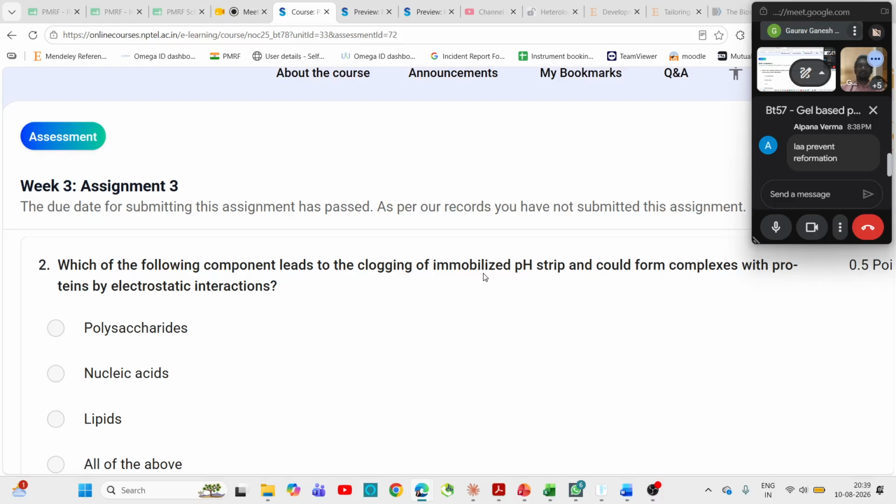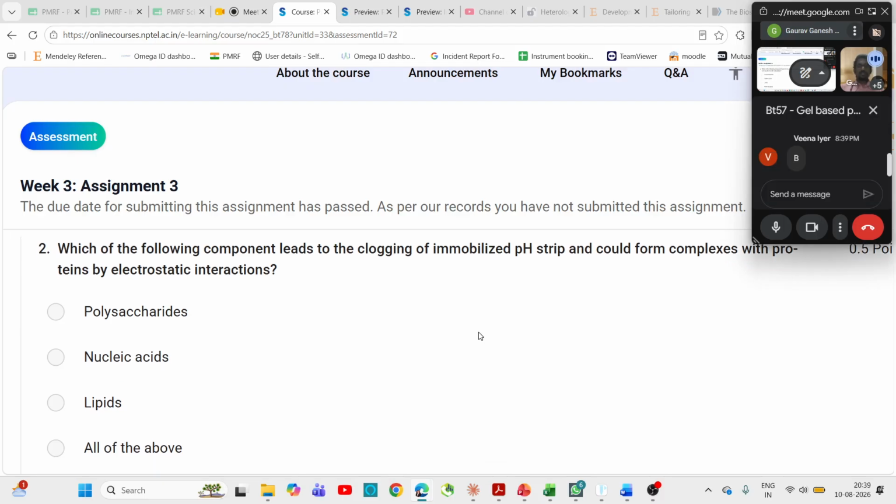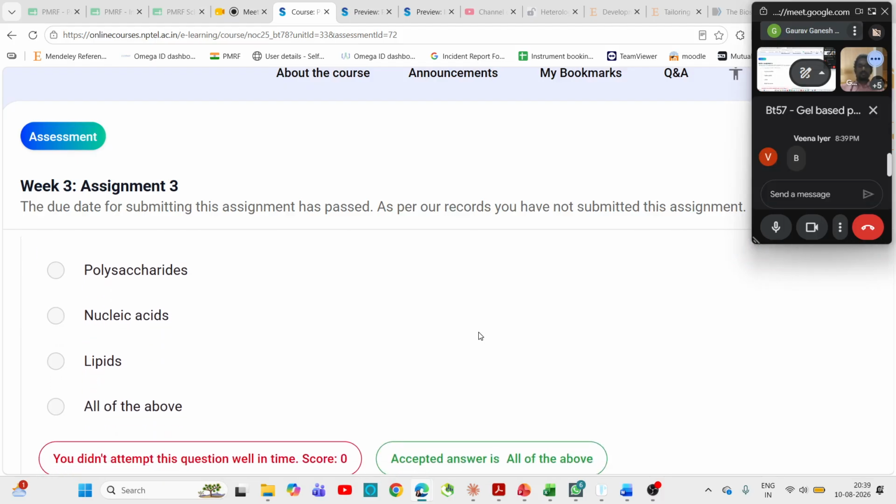Nucleic acids? Is it only nucleic acid? Everything will be responsible for that, right?